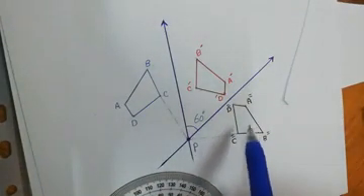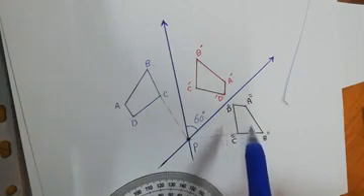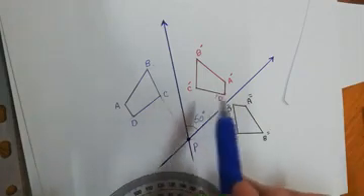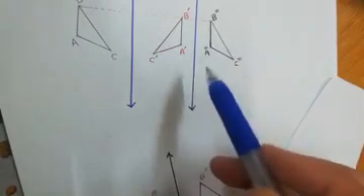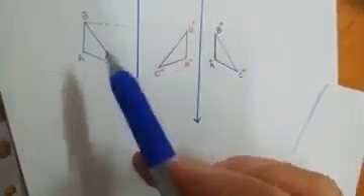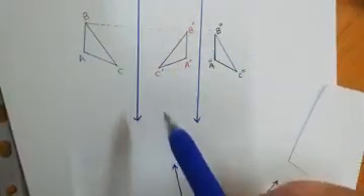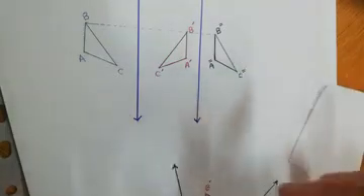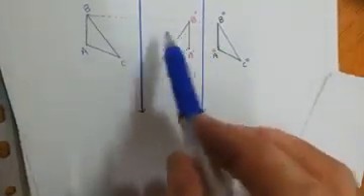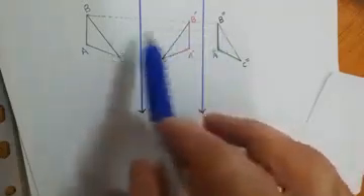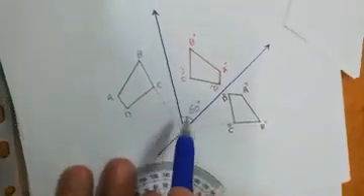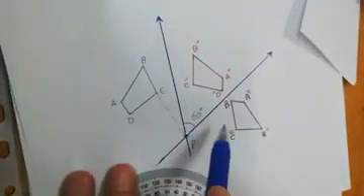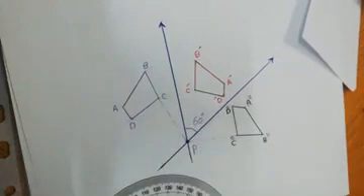So any rotation, you can get it from two reflections across two intersecting lines, and any translation, you can get it from two reflections across two parallel lines. Okay? And don't forget about the distances, which I talked about here, and about the angles, which I talked about here in the rotation. This is the second theorem.